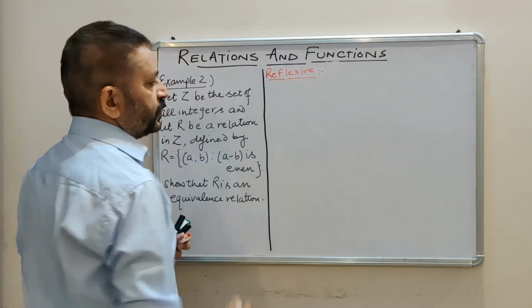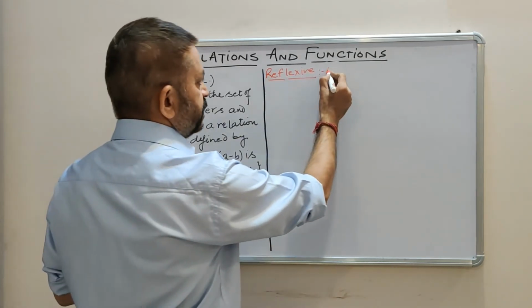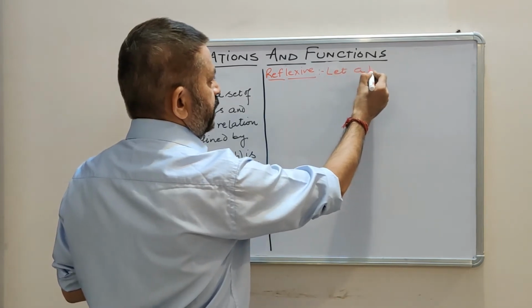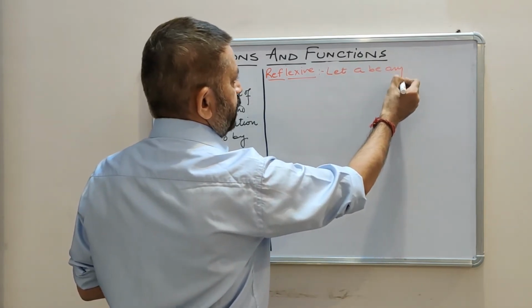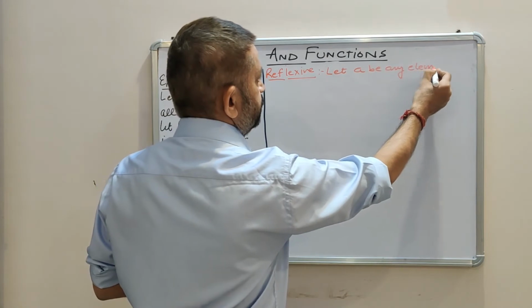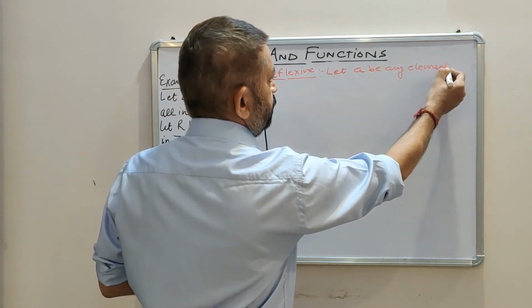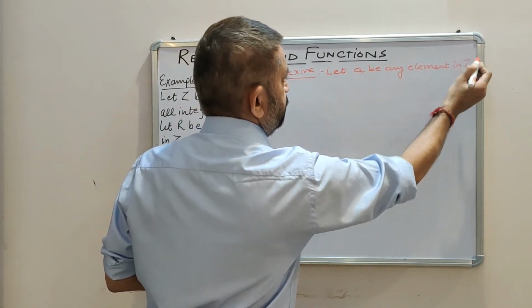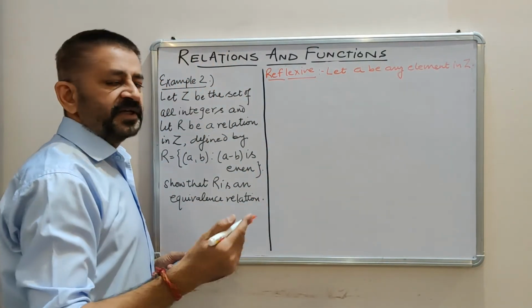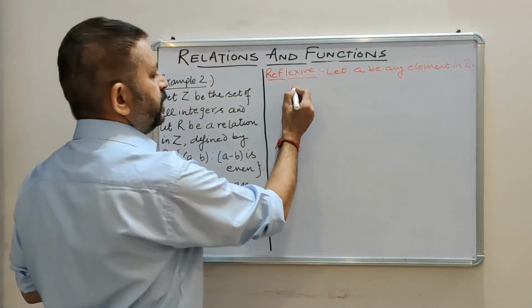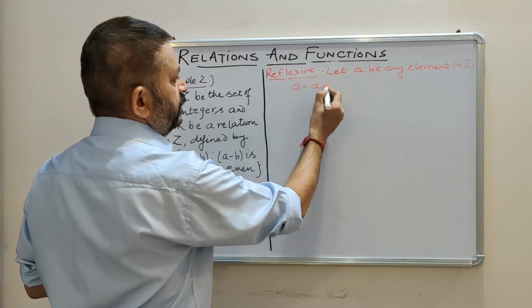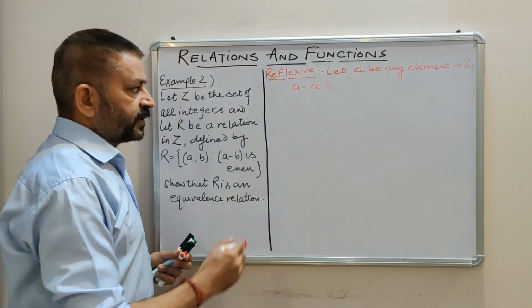To show that, let a be any element in Z, means I'm considering that a is any integer, then what will be the value of a minus a? That is 0.